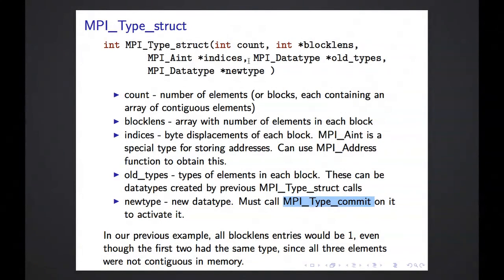Now, to make it a little bit clearer, in our particular example, all block length entries would be 1 because we just have a float and an integer, and even though A and B are both floats, we do not assume that they are contiguous in memory. So we cannot treat them as an array of 2 floats.